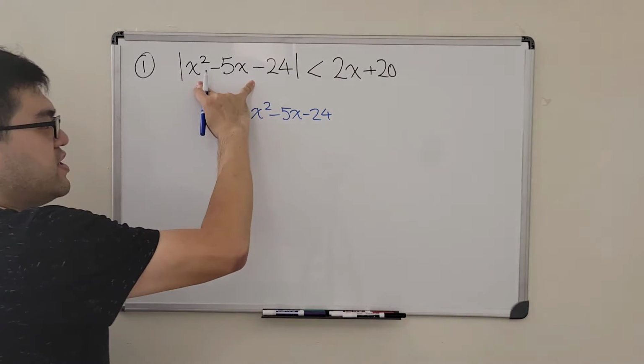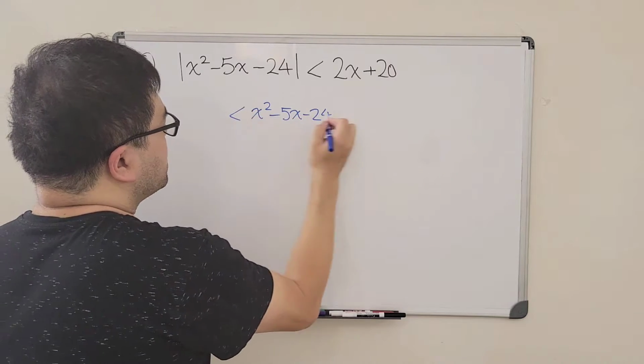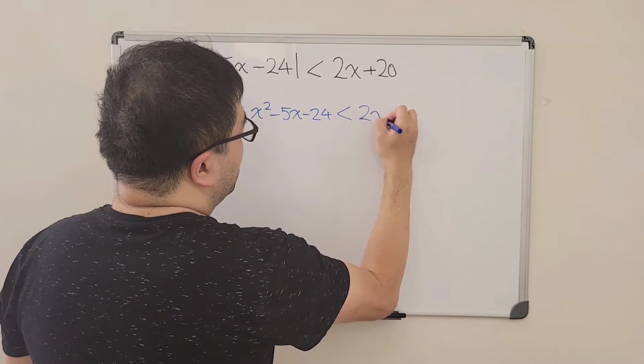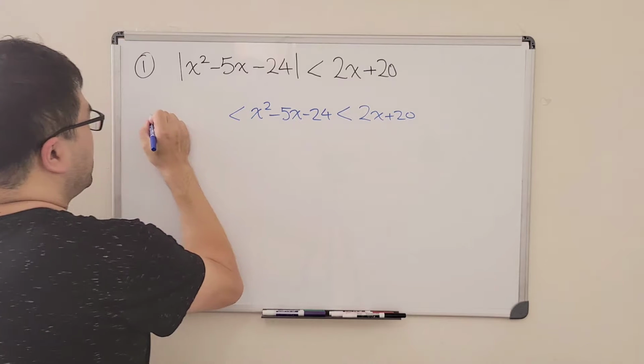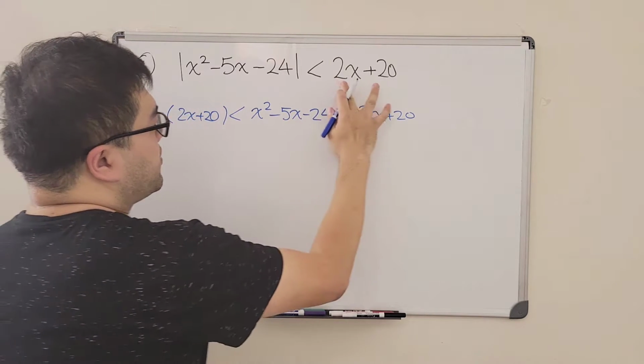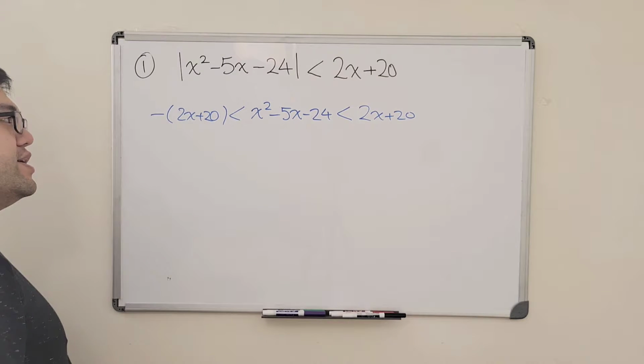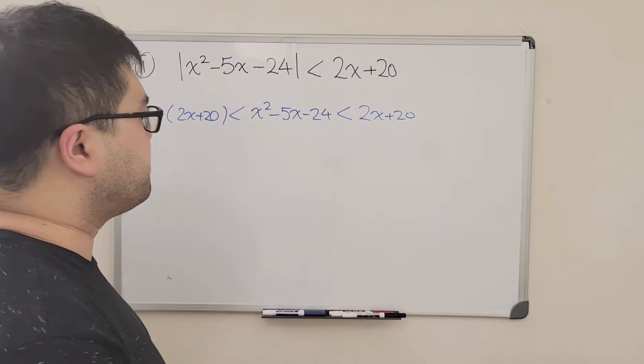The expression on the left hand side, x squared minus 5x minus 24, is now bounded between 2x plus 20 and the negative version of 2x plus 20, supposing that, of course, 2x plus 20 is some positive value.